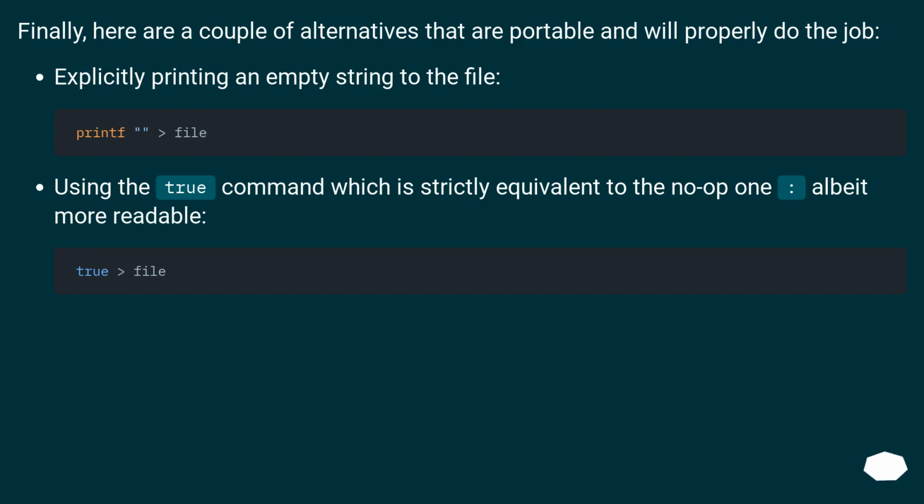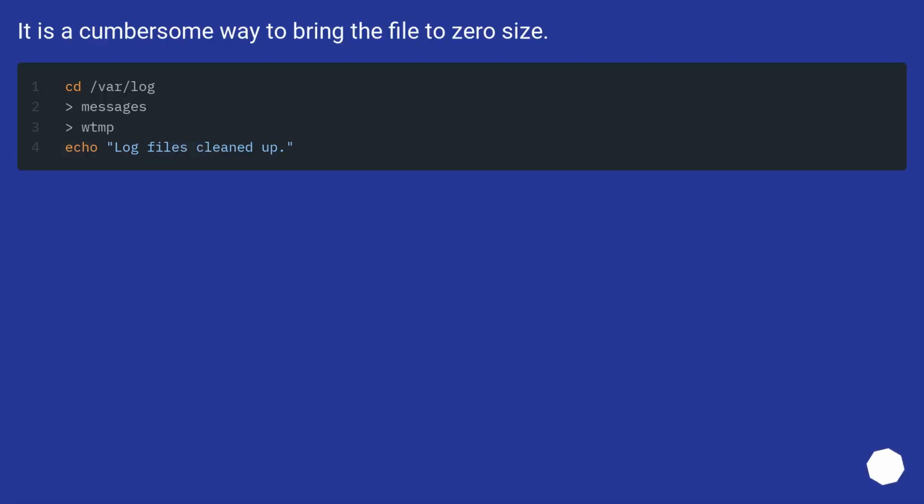Explicitly printing an empty string to the file. Using the true command, which is strictly equivalent to the no-op one, colon, albeit more readable. It is a cumbersome way to bring the file to 0 size.